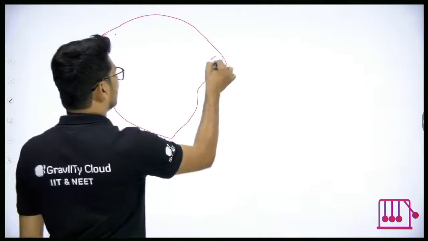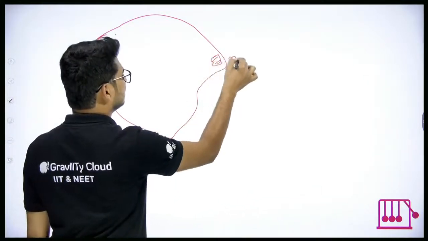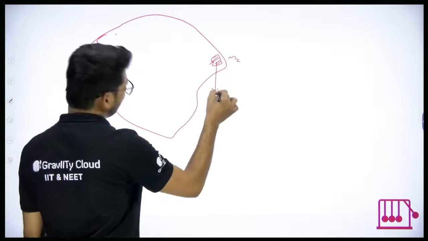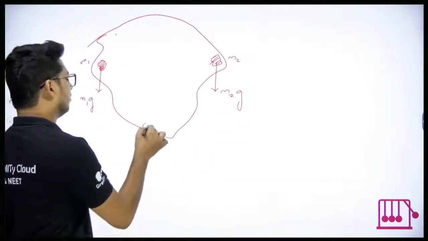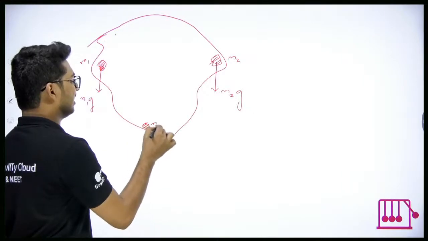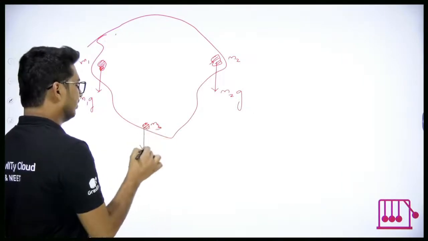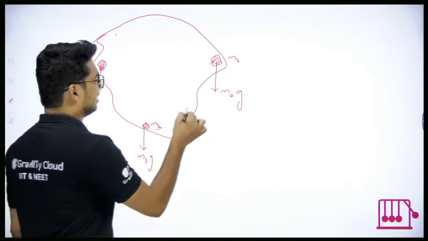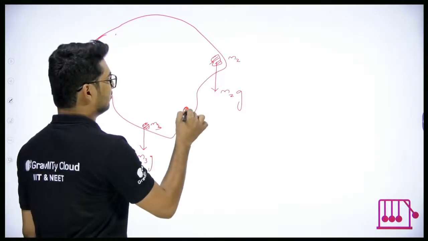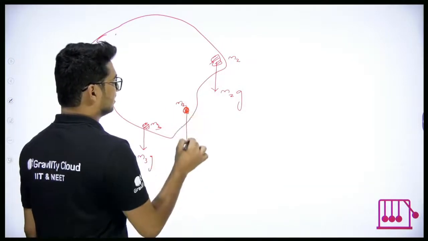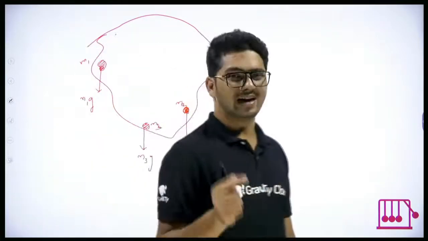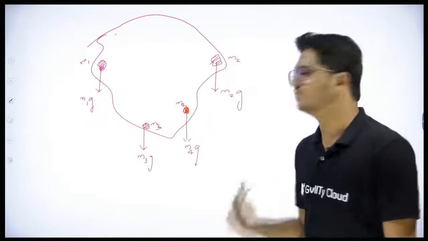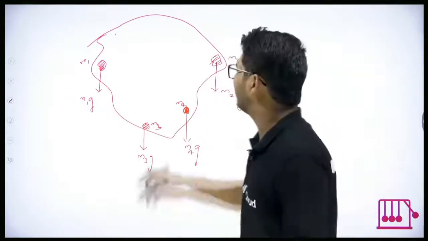If I take another particle with mass m2, there will be weight too, gravitational force. If you have mass, there will be weight, right? Another mass m3 will have m3g, and a mass m4 will have m4g. So the gravitational force, which we call weight, will be acting at every point.